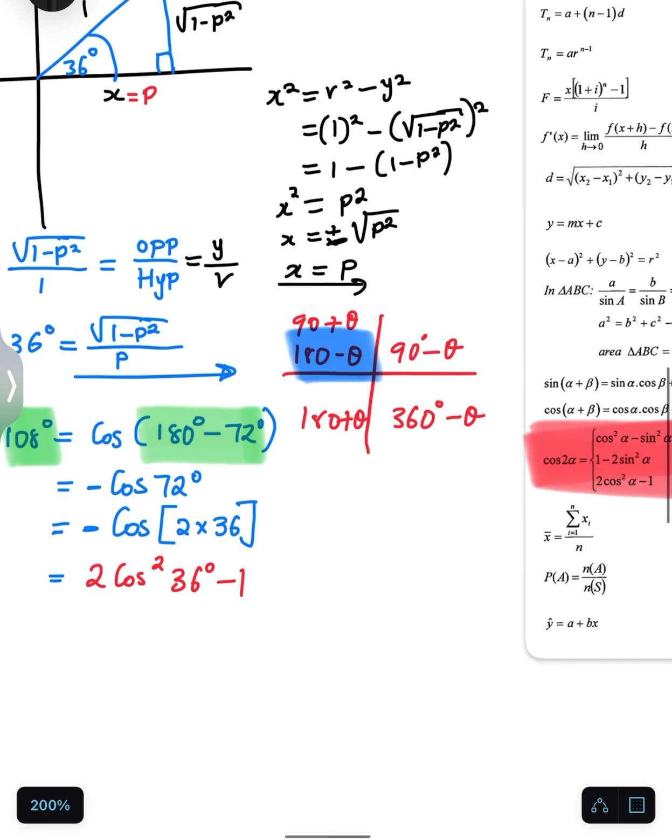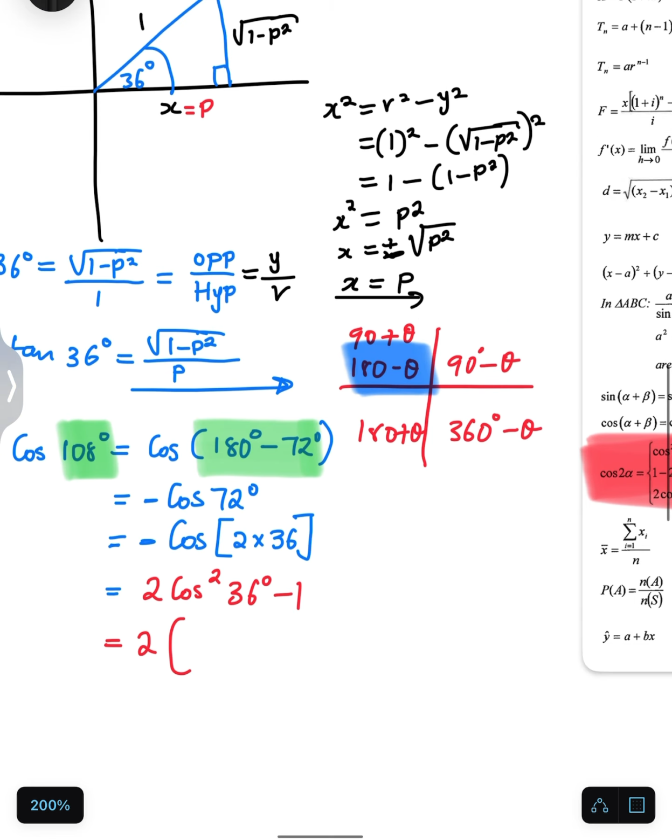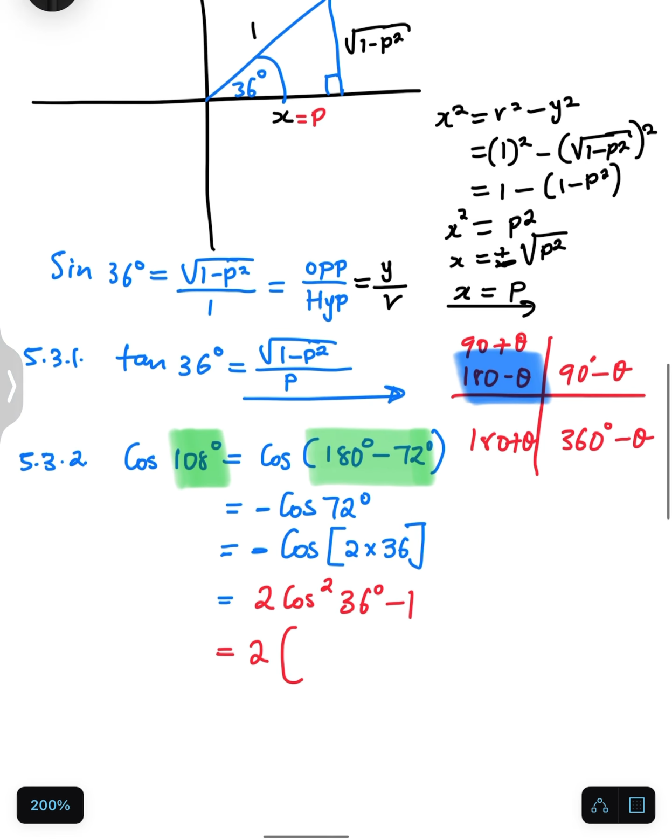All right, so you say 2, and then for cos you substitute what is cos according to our angle. That will be adjacent, which is p, over hypotenuse, which is 1, and then you square that because that is cos squared, and then minus 1.